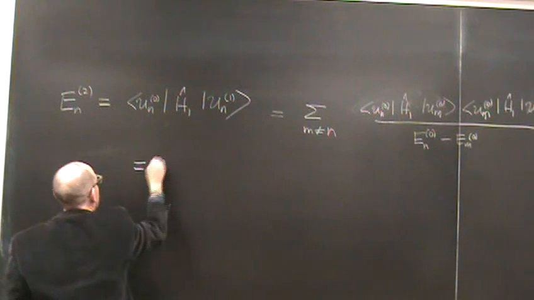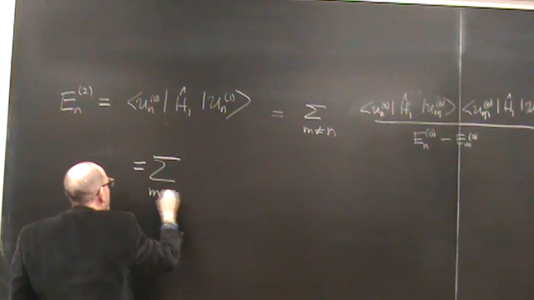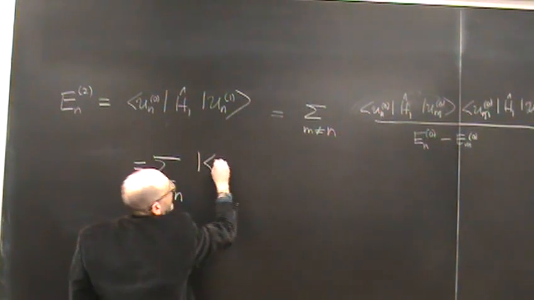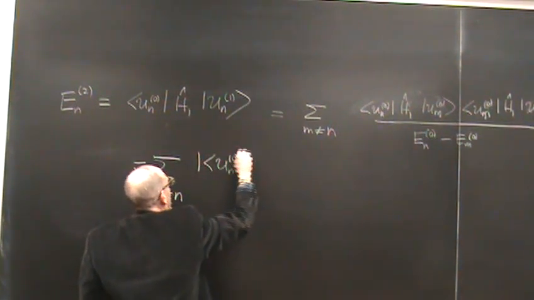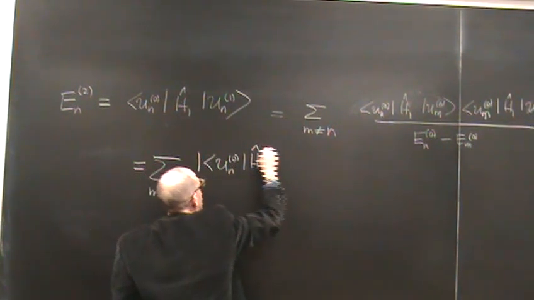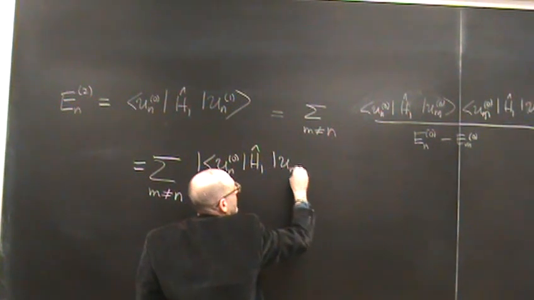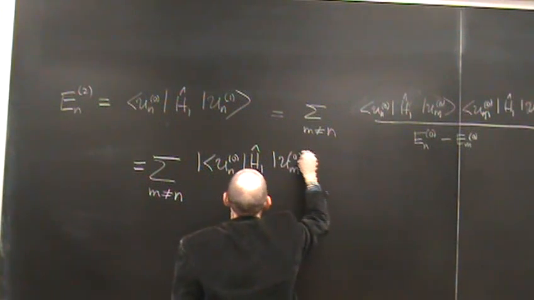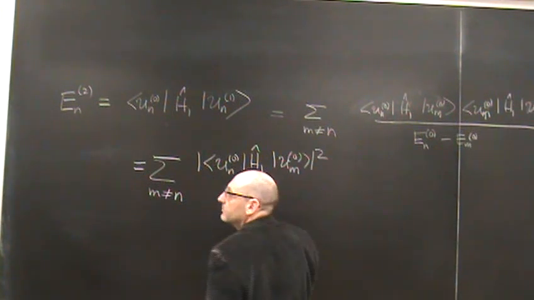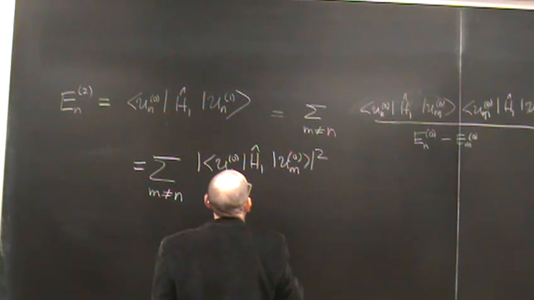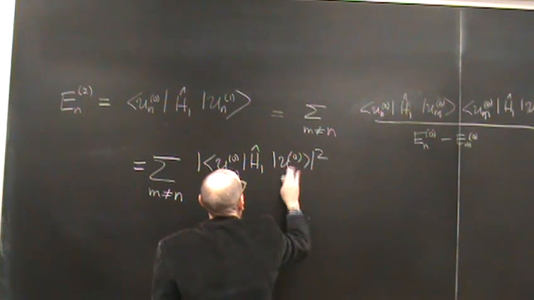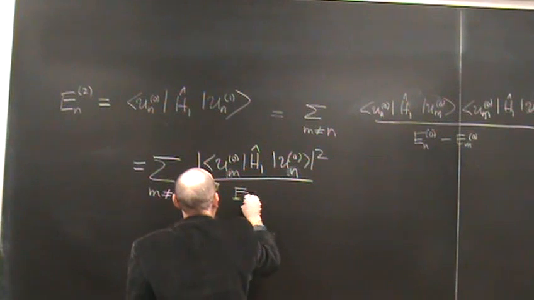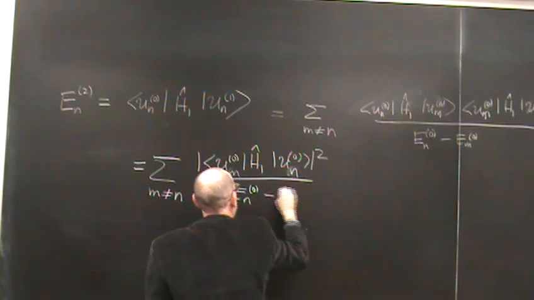Or, as it's most typically written, the sum over m not equal to n of the off-diagonal matrix element squared, n H1 m squared, divided by En0 minus Em0.